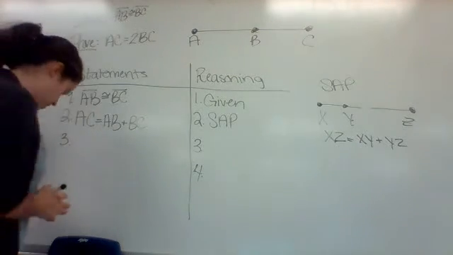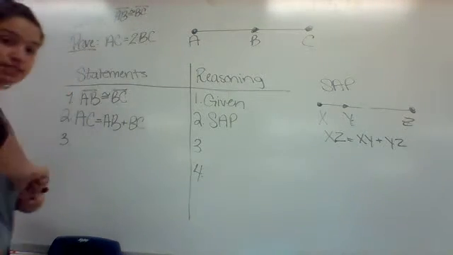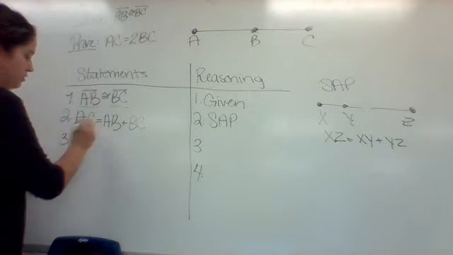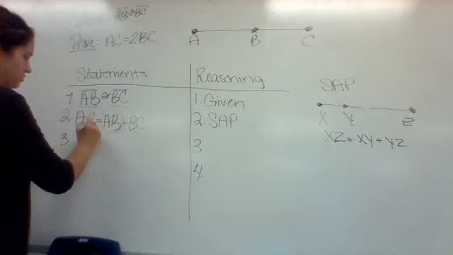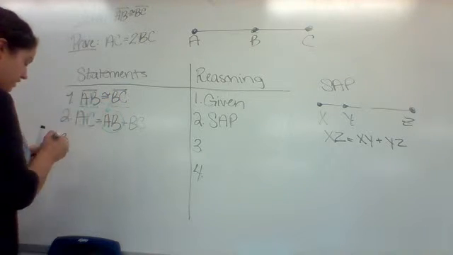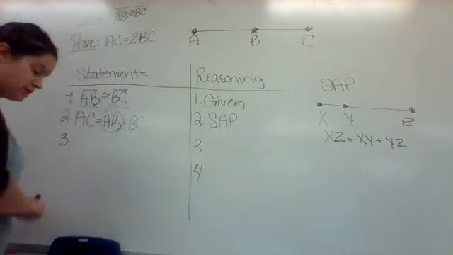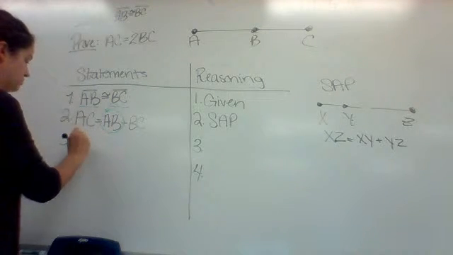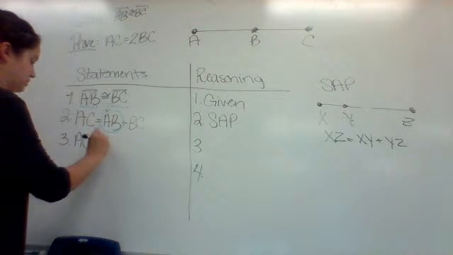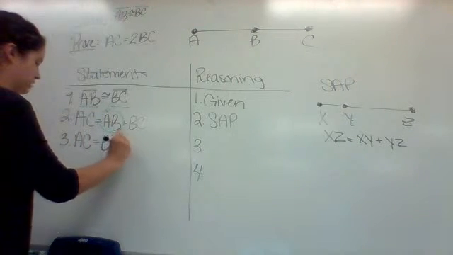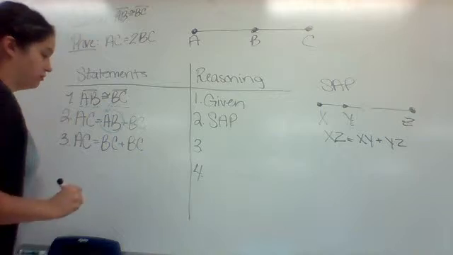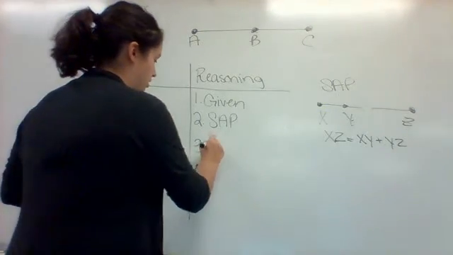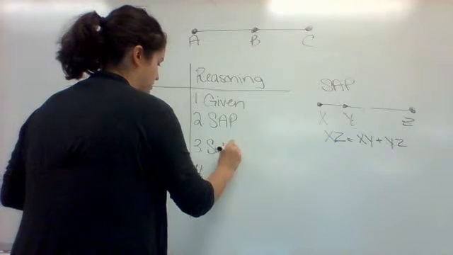Our third part of our statement is that we're able to see from our given that AB is equal to BC. So here, I can actually substitute in my BC for my AB in my original SAP equation. So I'd have that AC equal to BC plus BC. If you recall on your Properties of Equality worksheet or download, depending on how you did it, I would have just utilized substitution.